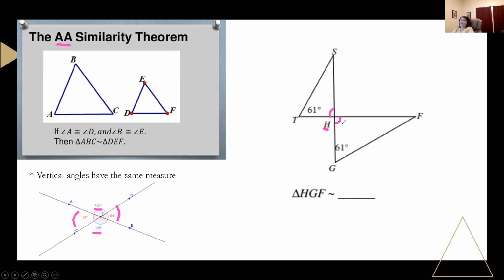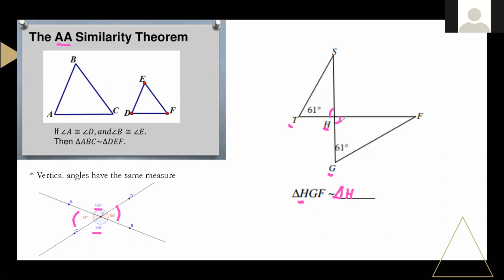I may not know what it is, but I do know they're the same, right? Okay. And I know G and T have the same measure because they told us each of them are 61 degrees. So if I were to write a similarity statement, H would go with H. I gotta make a triangle, sorry.